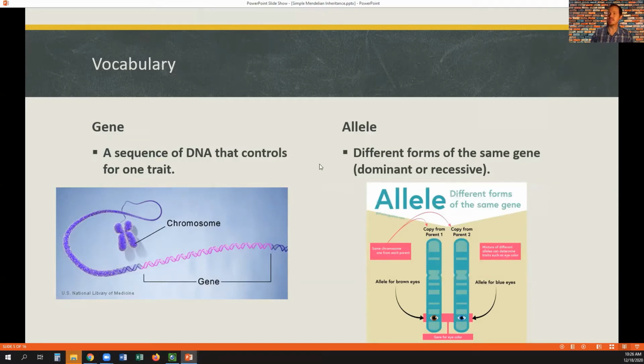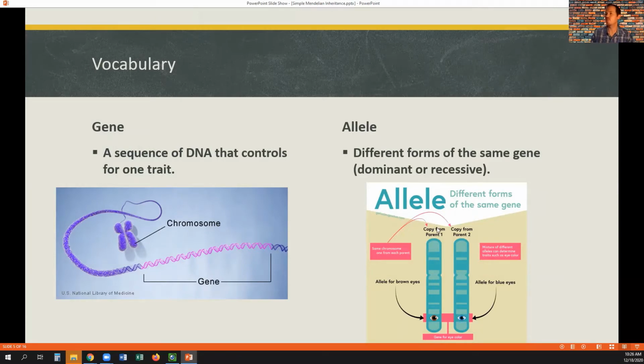The next term is called an allele. Alleles are just different forms of the same gene. So we have one gene, but that one gene can express itself as either a dominant or a recessive allele. Here's an example. We have one allele controlling for one trait.